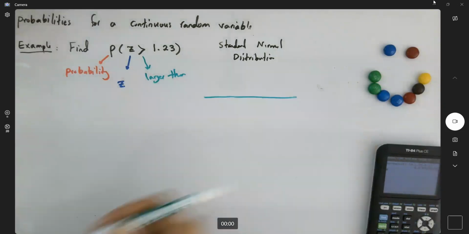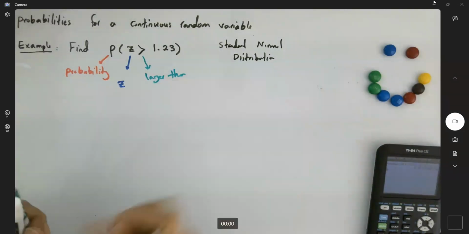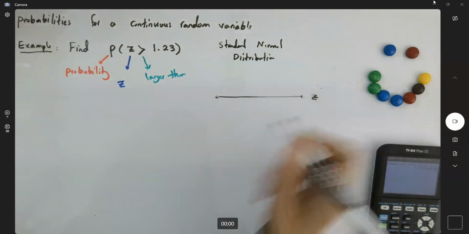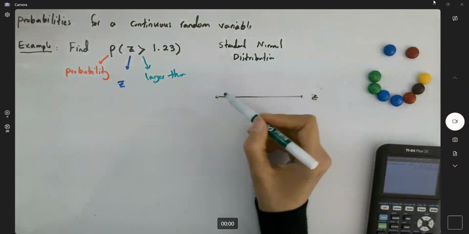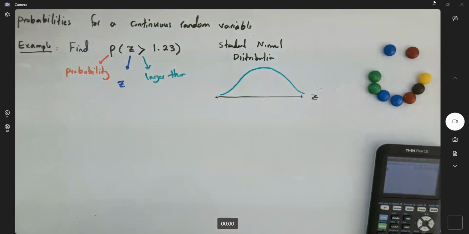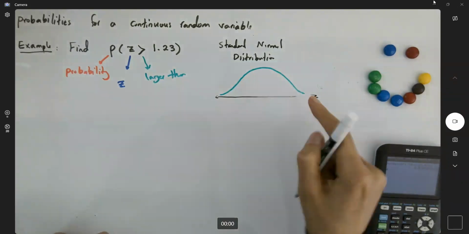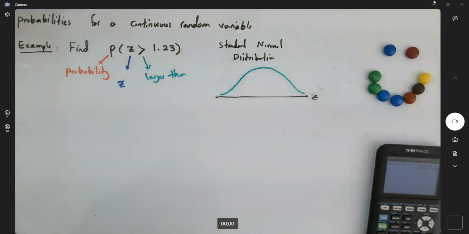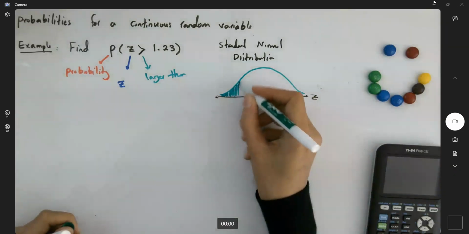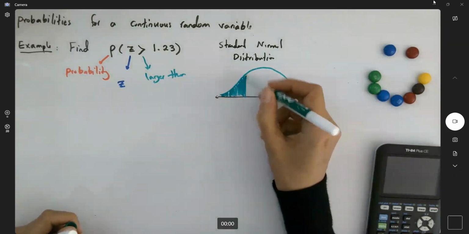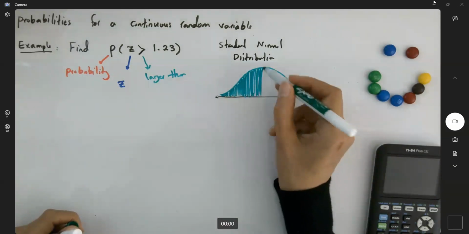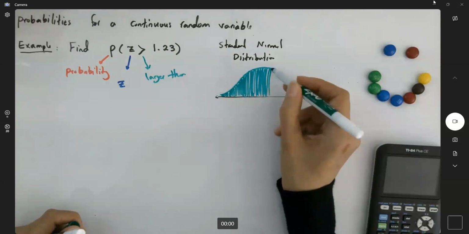So here I have my, let me use the same line that I used before, z-values are here, and the graph consists of all of those bars for a continuous random variable. They're very thin bars, and they are very close to each other. That's why we cannot differentiate between these bars. We just put them next to each other. The small bars form this bell-shaped graph for standard normal distribution.